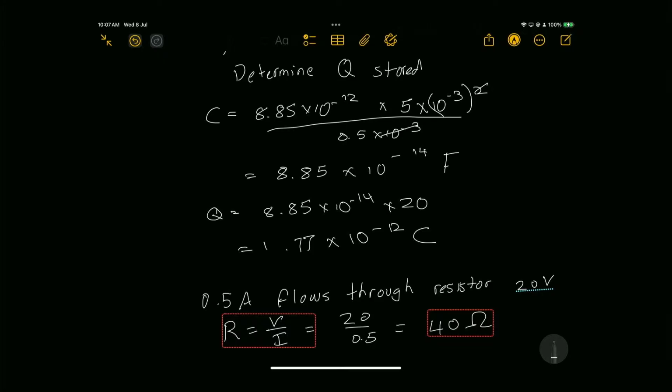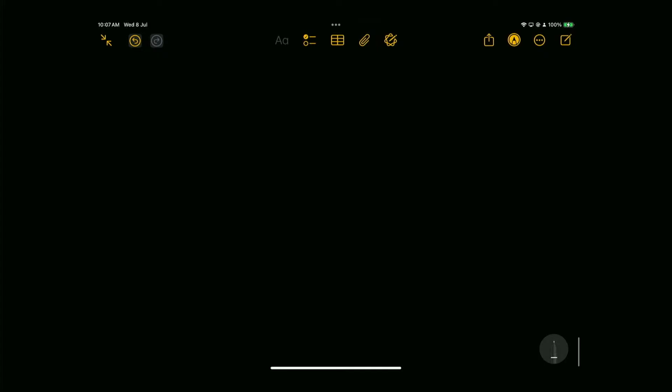So let us move on now to capacitors in series and parallel. So if we have two capacitors in series, C1 and C2, what is the equivalent capacitance?